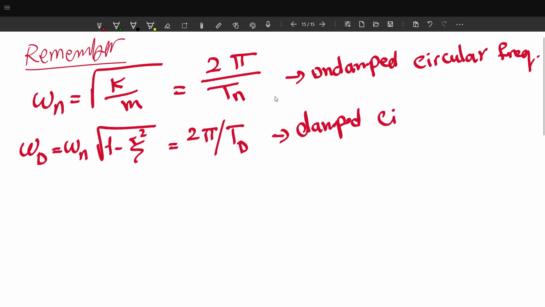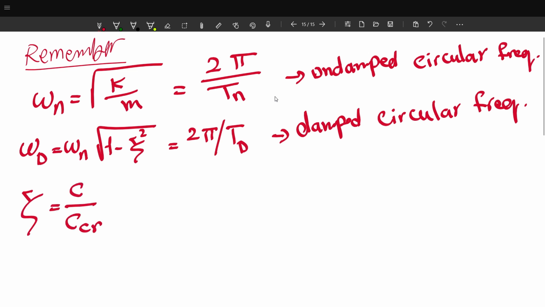And after that, we have the damping ratio, which is C over CCR, the damping coefficient over the critical damping coefficient.